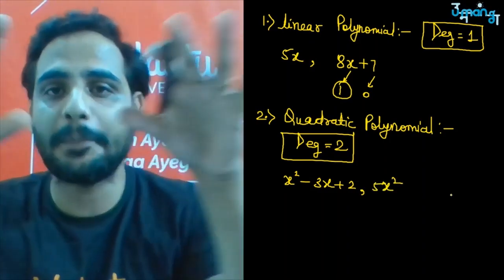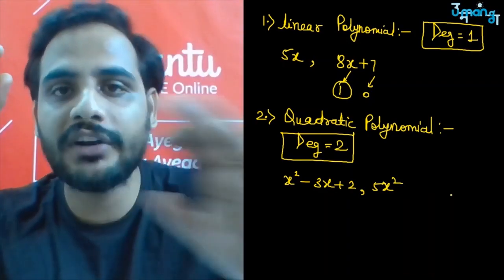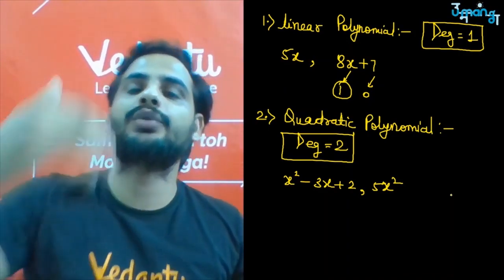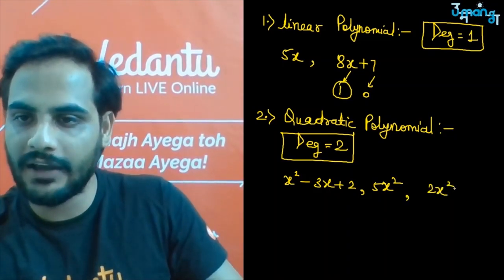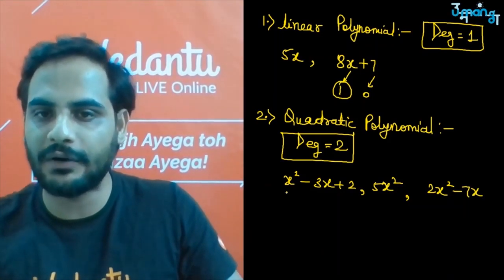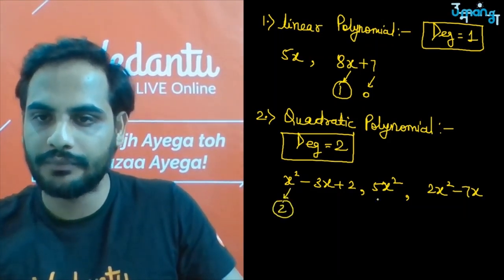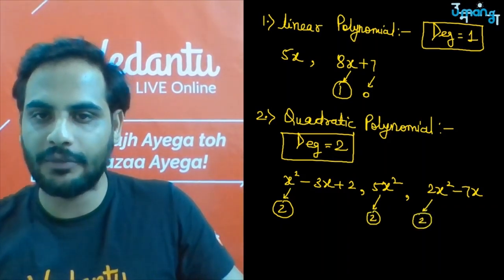When we talk about classification on the basis of degree, we don't care how many terms are there, we just look at the highest power of the variable. 2x square minus 7x, anything. In all these, the highest power of the variable is 2, so this will be called a quadratic polynomial.